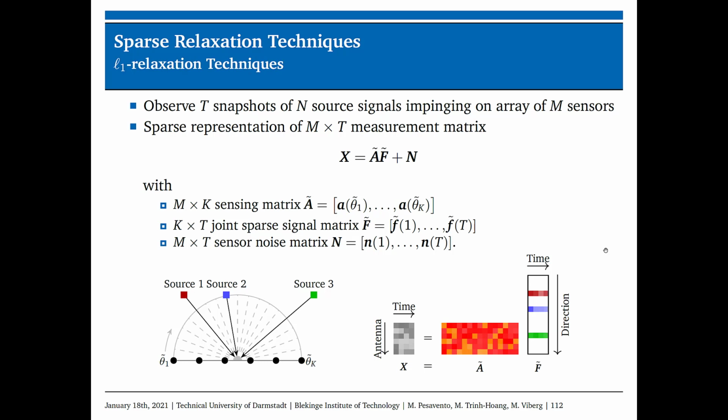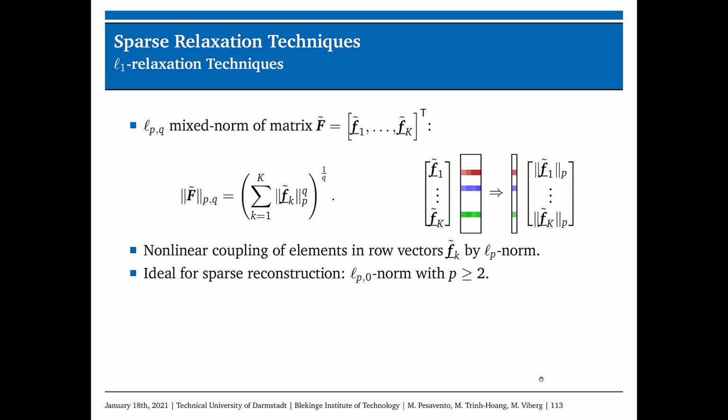We call the matrix F tilde a row sparse matrix. Defining the rows of a K times T matrix F tilde as F1 tilde underline to FK tilde underline, we first define the vector of row norms by stacking the individual p norms of all K rows on top of each other. For our row sparse matrix F tilde, we obtain a sparse vector as given over here.